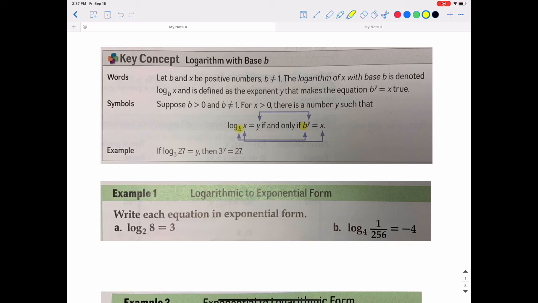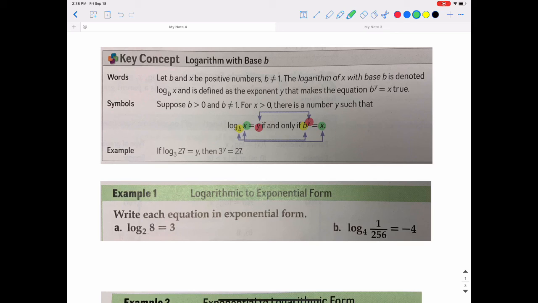So you can see where the b's are. You can see that the exponent in the exponential function, there I just dotted it in with a y, is the same, with a red, as what the logarithm function equals. And you can see that the answer to an exponential function is actually what you're trying to find the logarithm of.